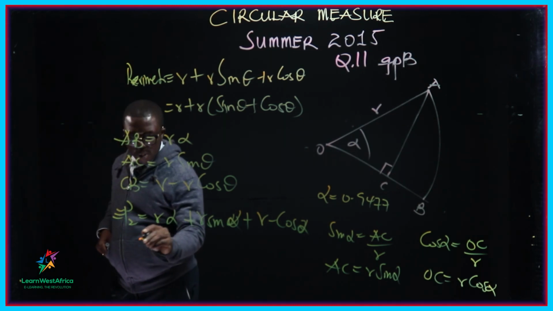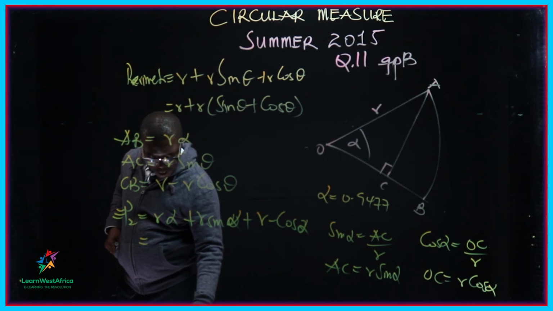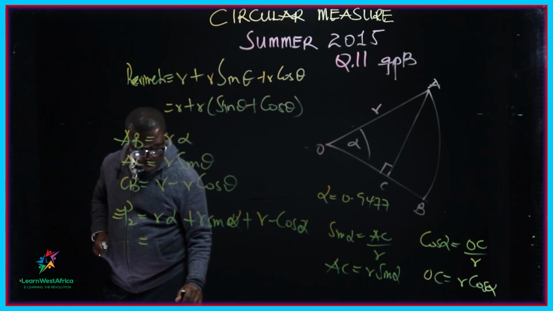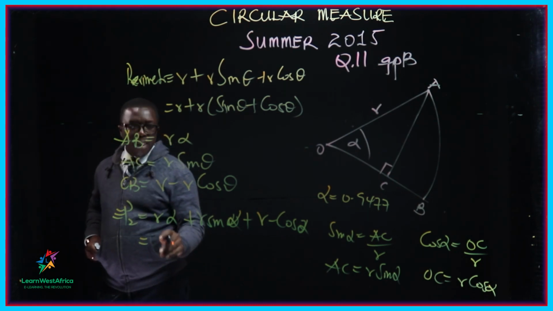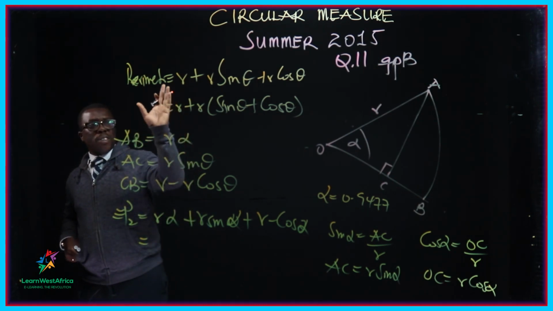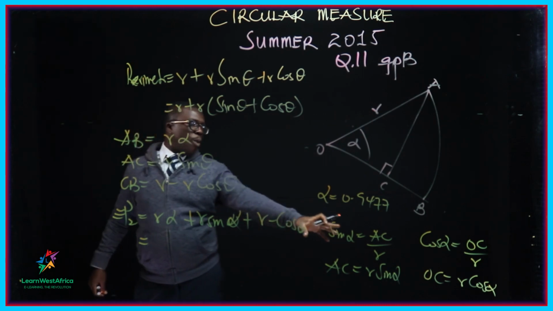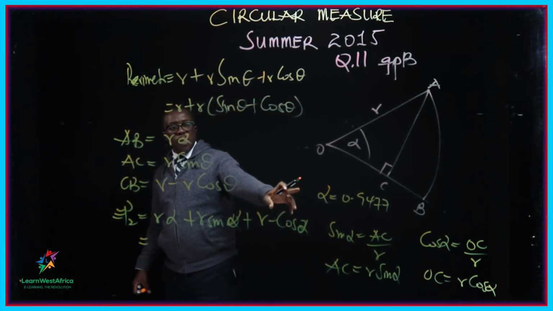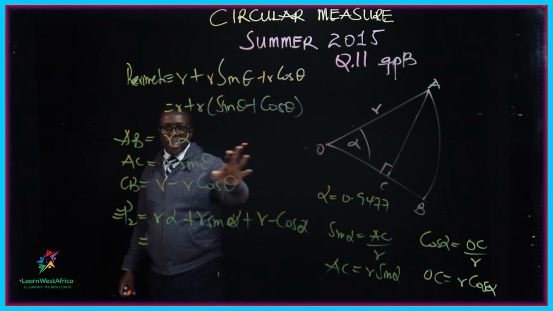So let's try and simplify that. If you do a simplification of that, the ratio of this to that by slotting in all the requisite values of alpha, wherever you find alpha, you put 0.9477 there.